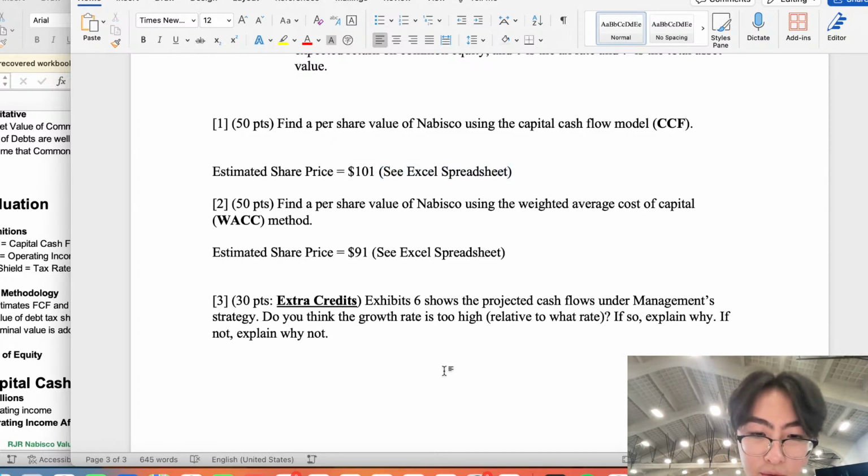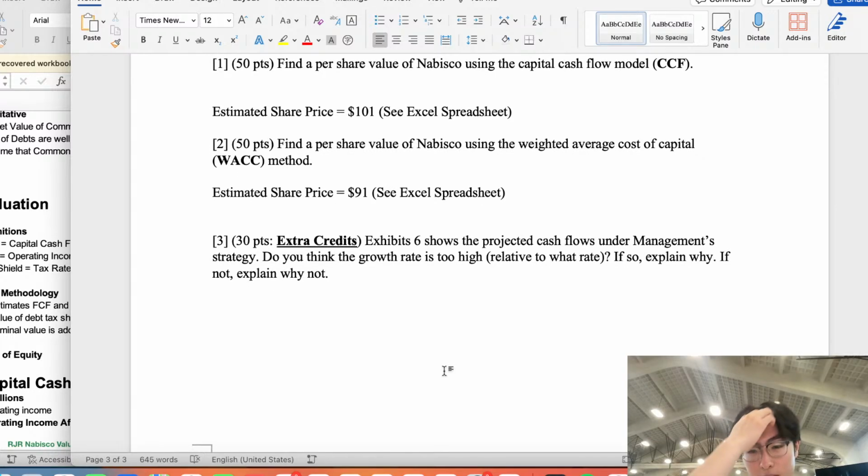Okay. So now, extra credit. Exhibit 6 shows projected cash flows under management strategy. Do you think the growth rate is too high relative to what?